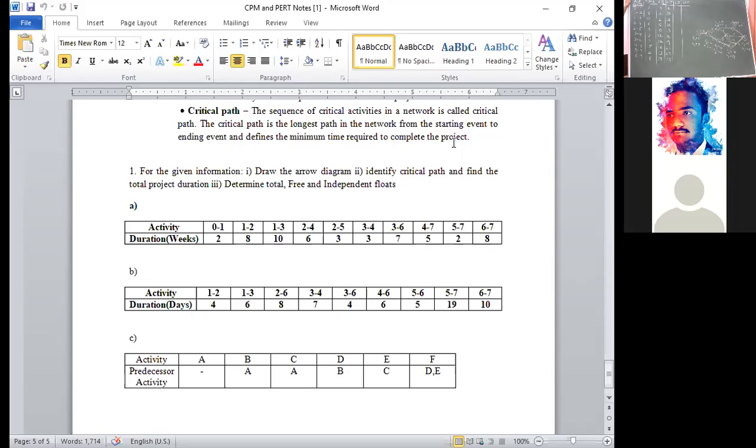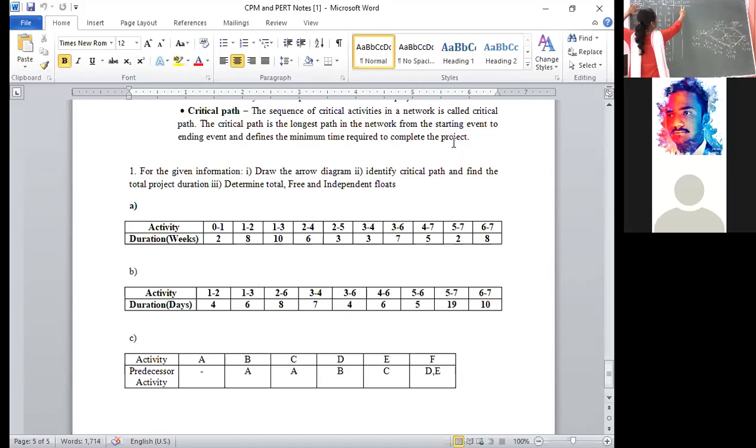Next, latest start, latest to finish. Here directly, before starting LST, you have to write LFT. That is latest to finish times. You have to write down latest to finish times. Latest to finish time means LJ values you have to write. That means finish. 0 to 1, the finish node is 1.